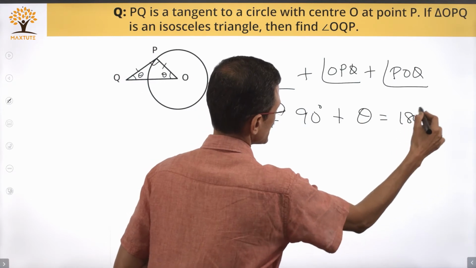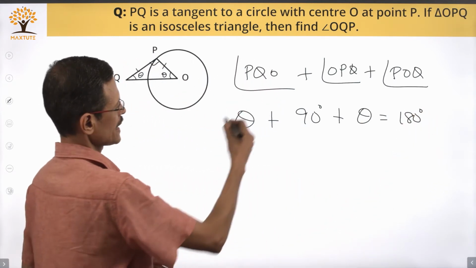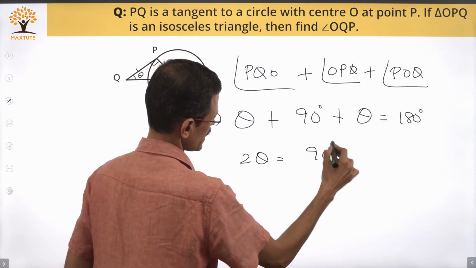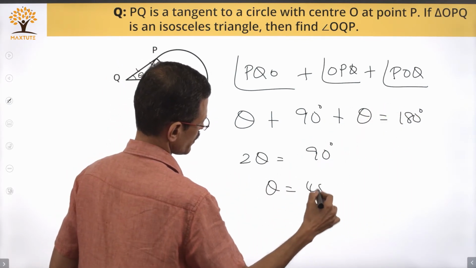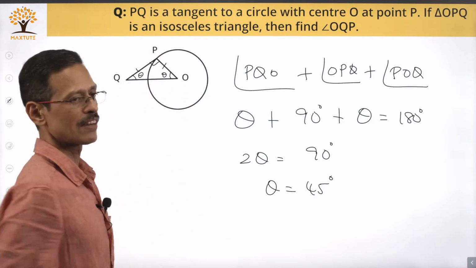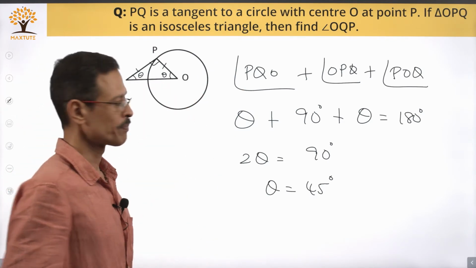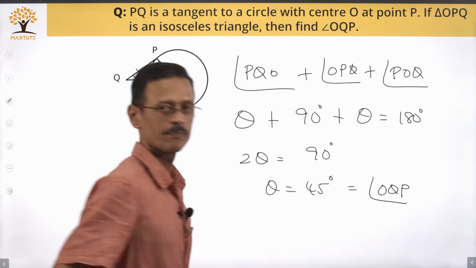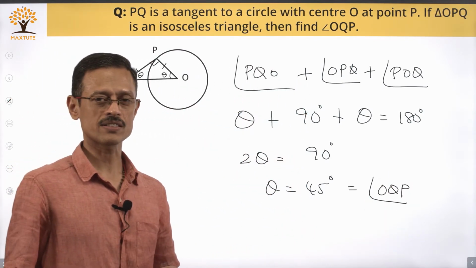All of these will add up to 180 degrees. Translating to the fact that 2 theta is equal to 180 minus 90, which is equal to 90 degrees, or theta is equal to 45 degrees. What is theta? Theta is the angle we are trying to find out, which is angle OQP. So angle OQP is equal to 45 degrees. That's all it takes to get the answer to this question.